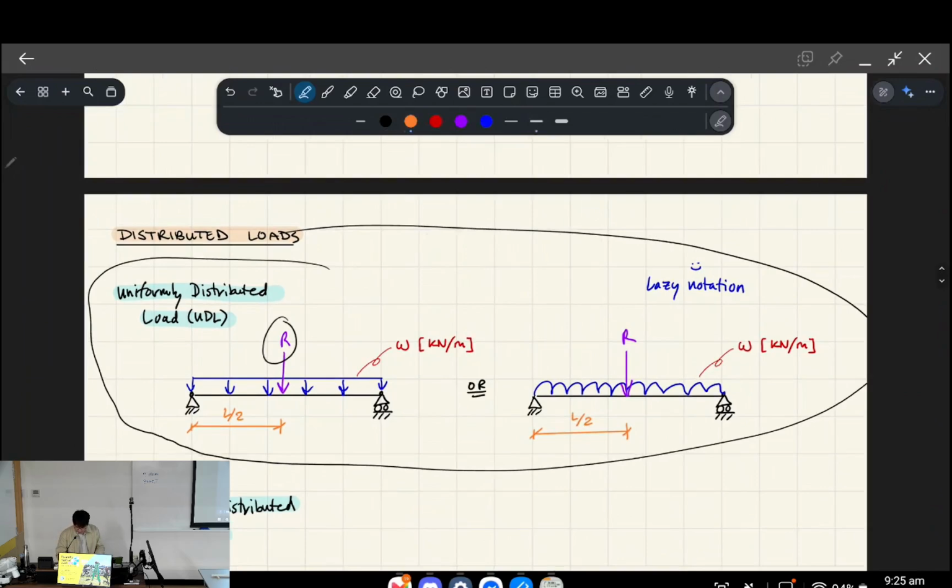So if the length of the beam again was, what did I say before? I think it's 3 meters. And then if this distributed load was 2 kilonewtons per meter, the idea is that if you wanted an equivalent point force, you can basically just multiply this by this.